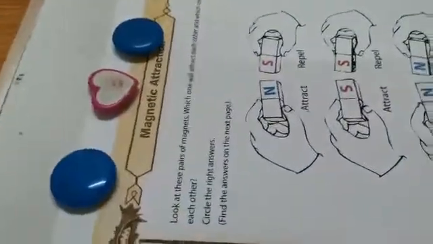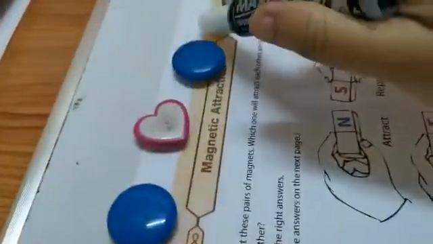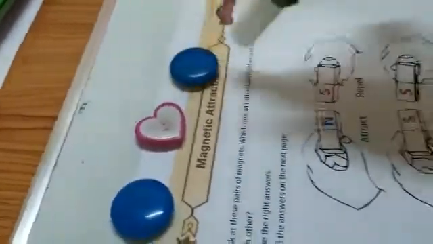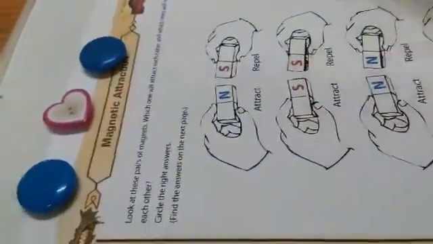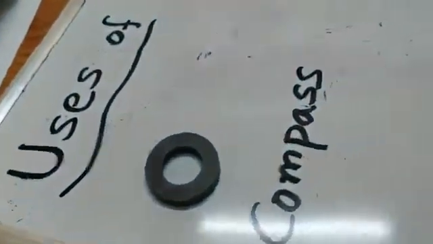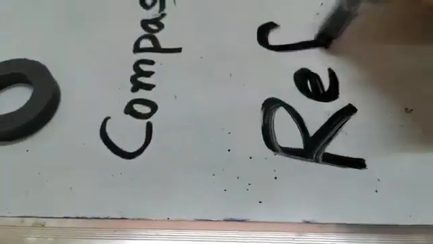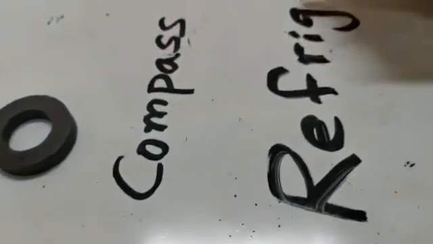Now again another use, the same way. See, now the small magnets are attracting on the board. The same way on the refrigerator you can stick some of the things. Another use, refrigerator magnets.